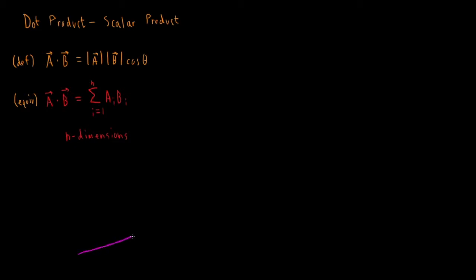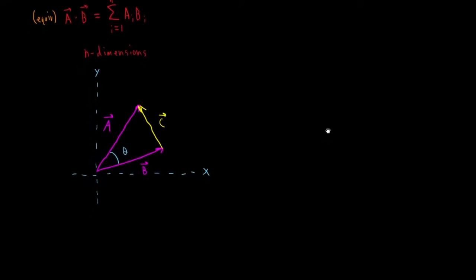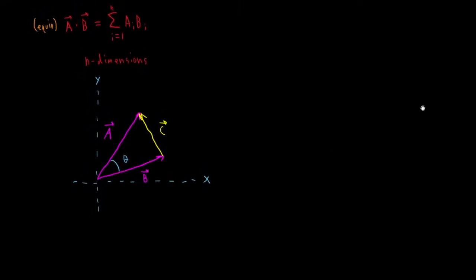We have one vector, which we will label vector B, another vector, which we will label vector A. The angle that separates the two vectors will be labeled theta. A third vector that connects the two vectors will be labeled C. We then have our Y and our X. So let's just label X and Y. We define C to be the vector that connects the tips of vectors A and B. This is because we need vectors A, B, and C to form a triangle.